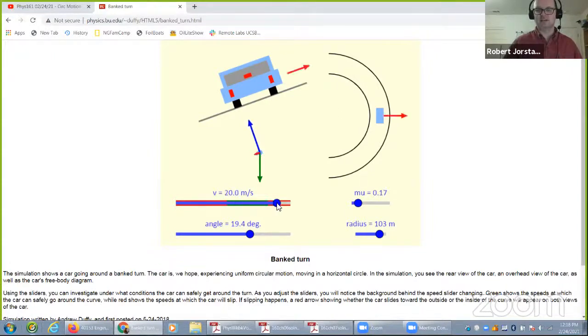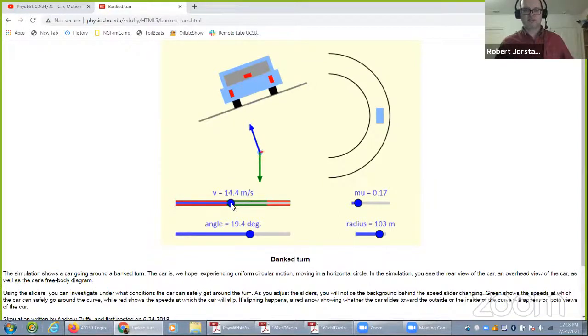But if I go into the danger zone, I'm going to slide to the outside because I'm going too fast. So if I was driving faster than 23.8 meters per second for this set of conditions, this angle, this mu, this radius, the maximum speed I can go without sliding to the outside and wrecking my car is 23.8 or so.